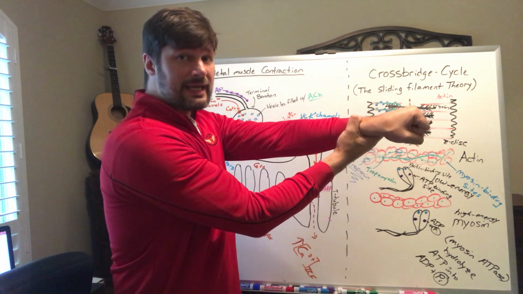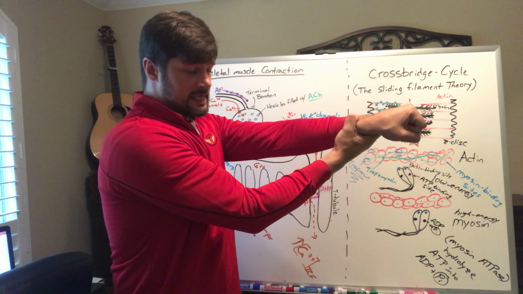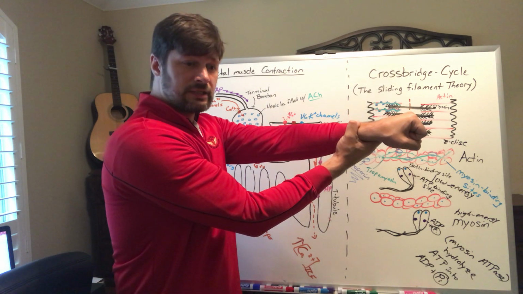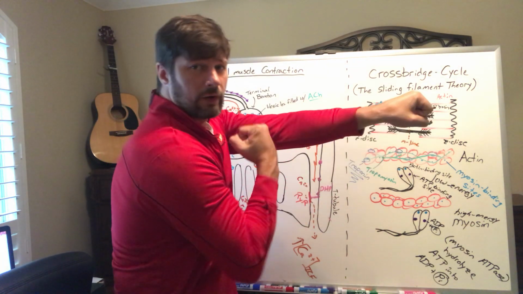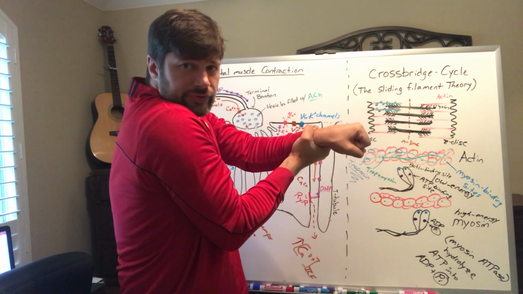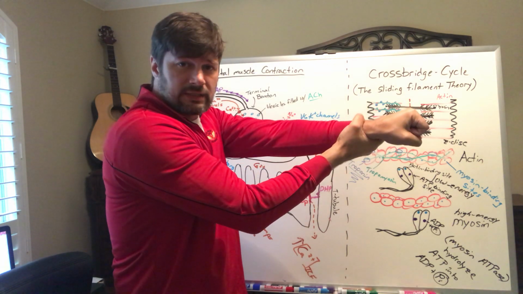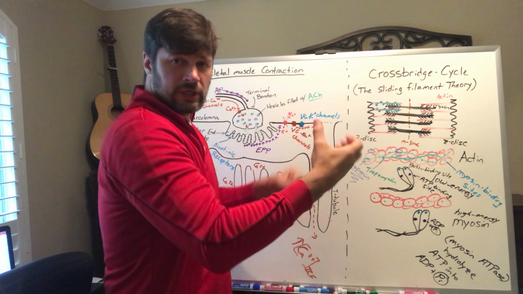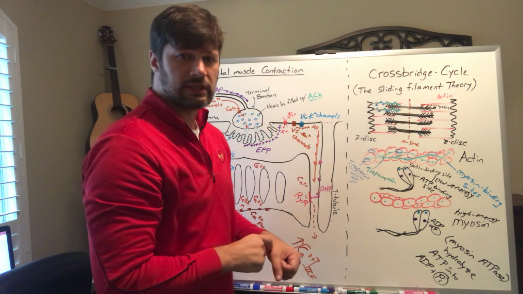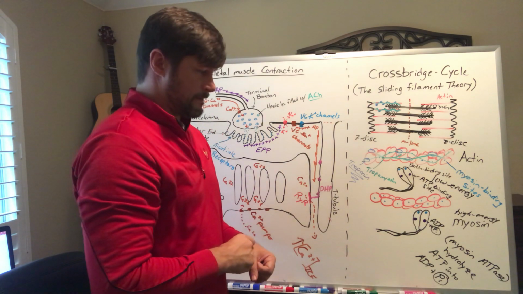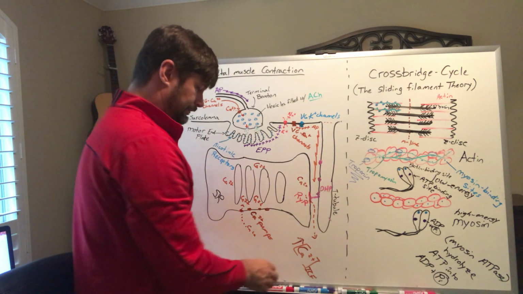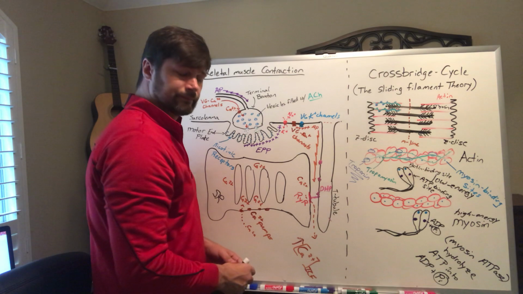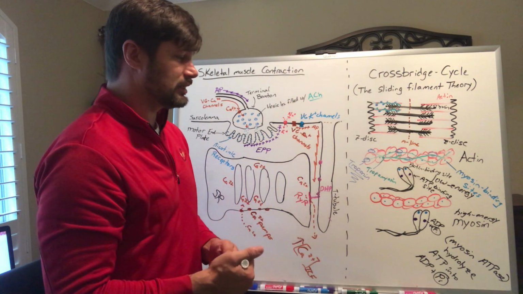And then the ADP falls off, and that causes the myosin head to go through a power stroke. And when it pulls, because it's bound to the actin up above, it yanks that actin along with it. And that is crossbridge cycling.